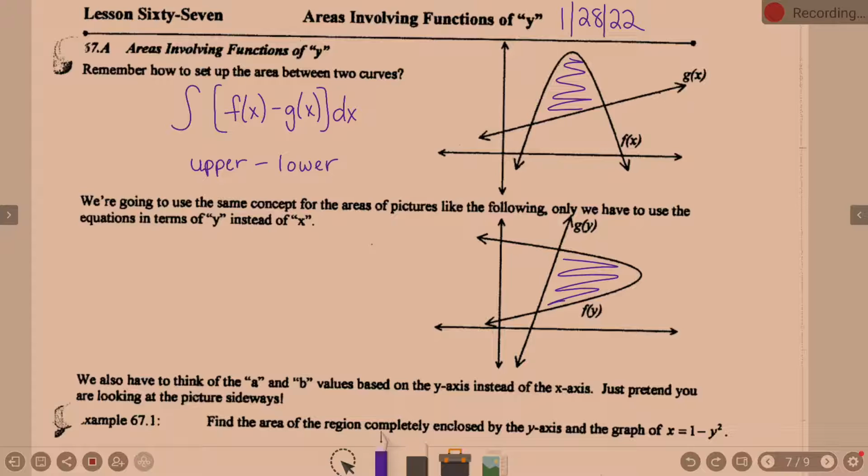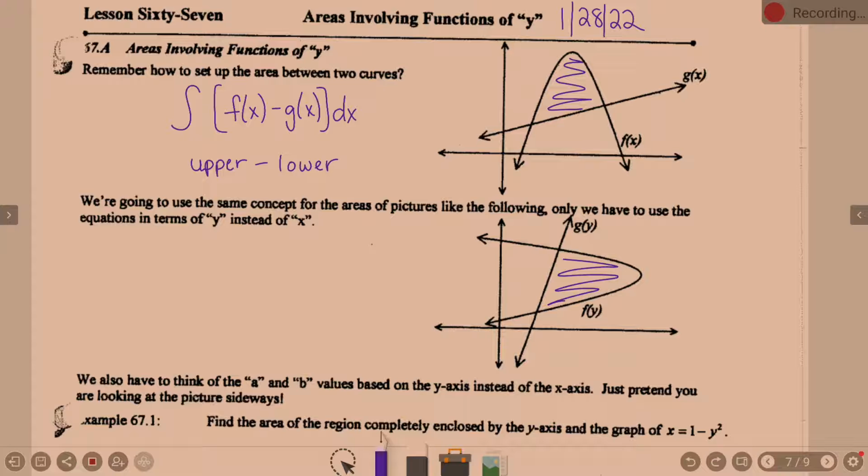That's the problem, we can't. Right minus left. Exactly. It is going to be right minus left. Now when we're doing upper minus lower, our equations need to be in terms of x, and we're working in terms of x. When we do right minus left, our equations are going to need to be in terms of y instead. So we're going to work with y's.